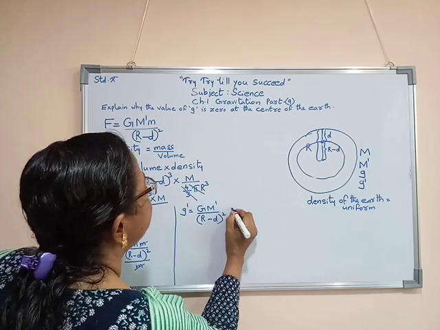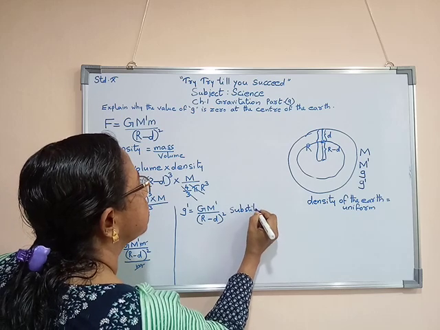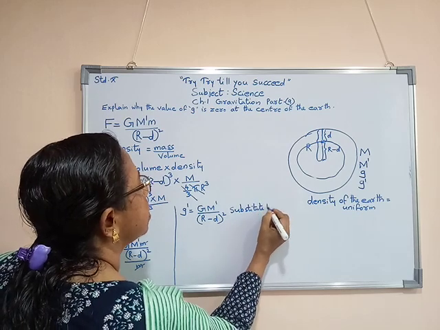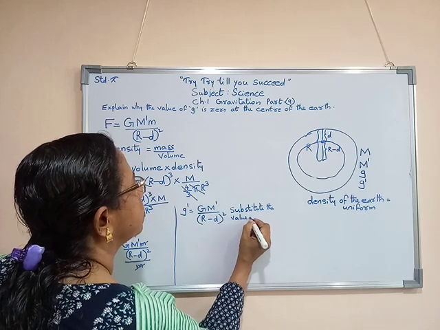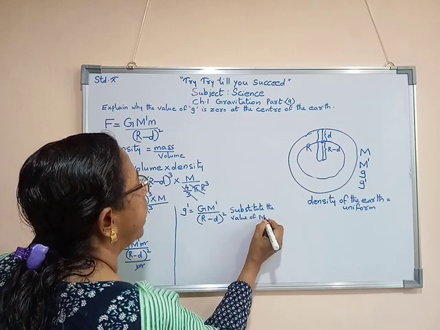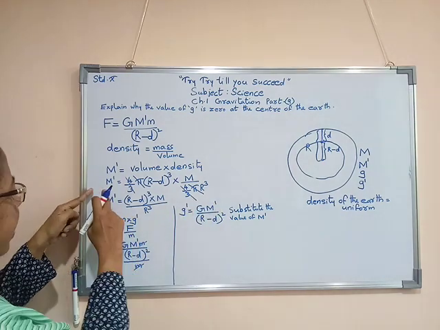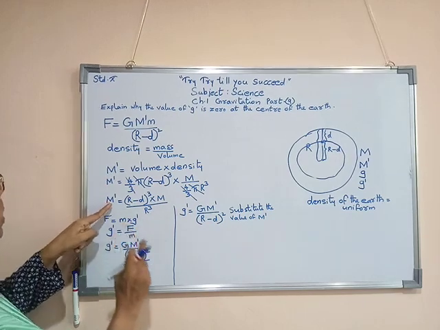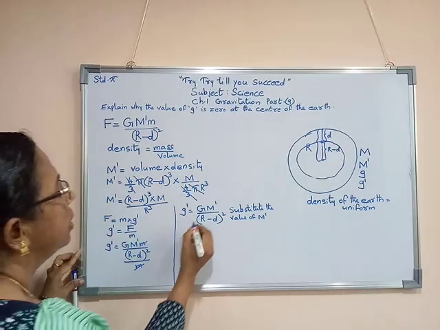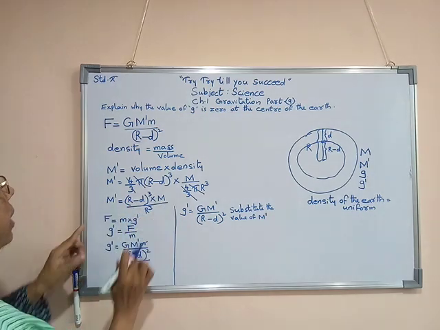Now we are substituting the value of M dash. M dash we already found here. M dash is equal to what? So at that place I am going to substitute the value of M dash.